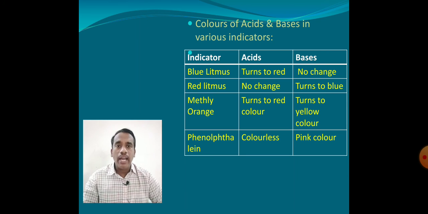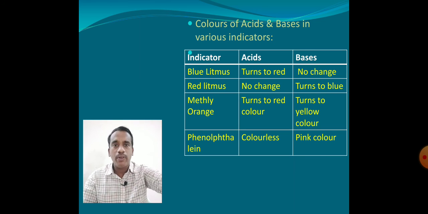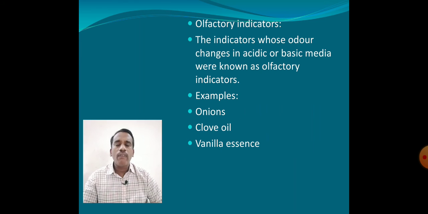Yes, such indicators are available in and around our home and surroundings. These indicators that indicate the presence of an acid or base with their smell, we are going to call them olfactory indicators. What do we call them? Olfactory indicators.